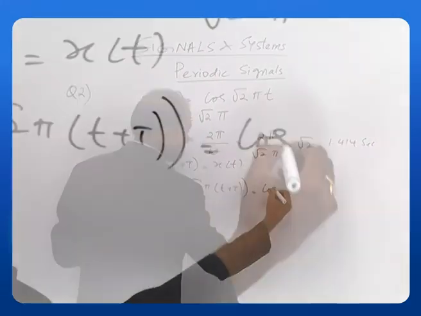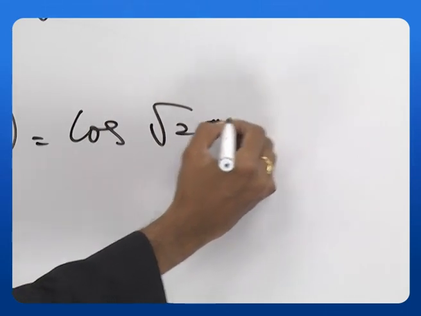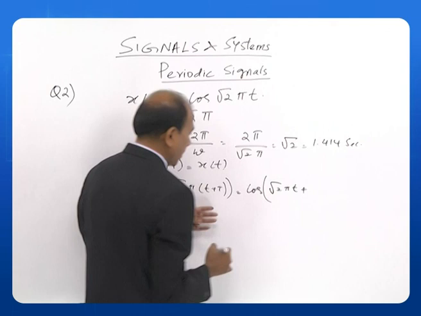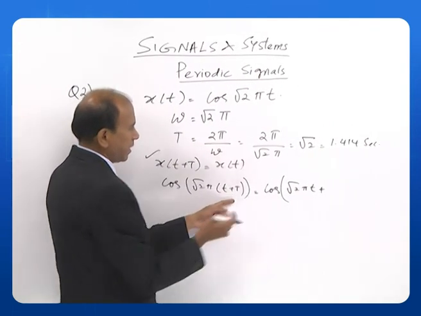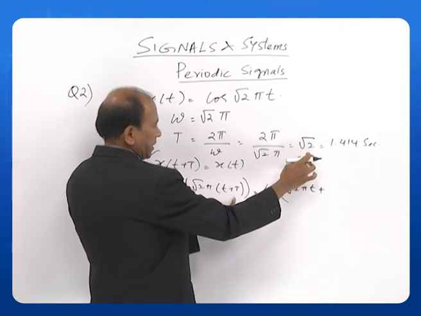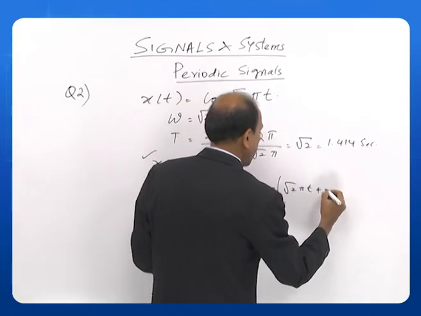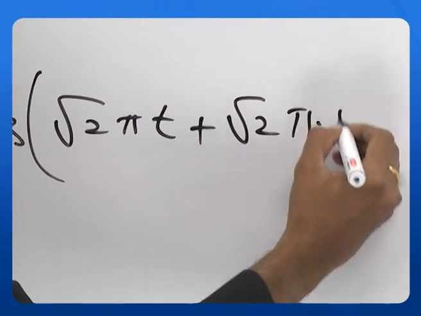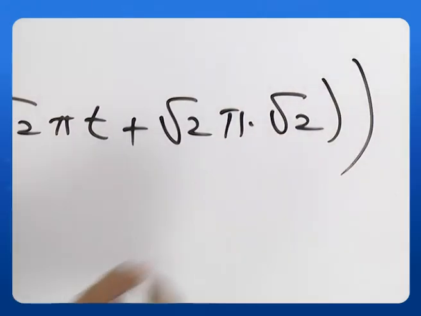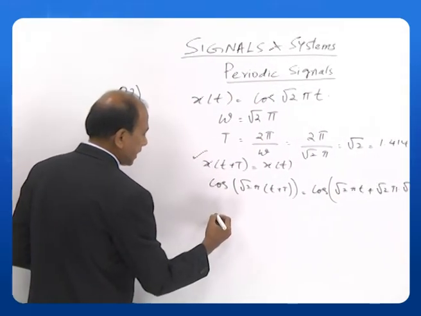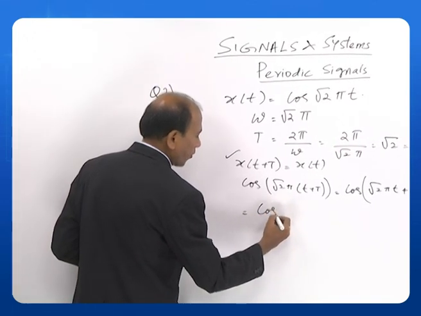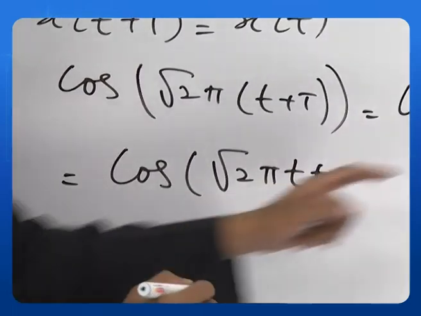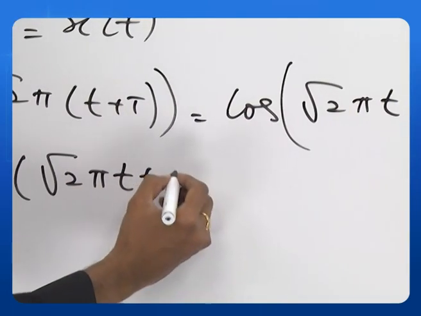Cos root 2 pi t plus, then what is our T here? Our T is root 2. So, this will become root 2 pi into root 2. So, this is equal to cos of root 2 pi t plus root 2 into root 2 is 2. So, this will become 2 pi.